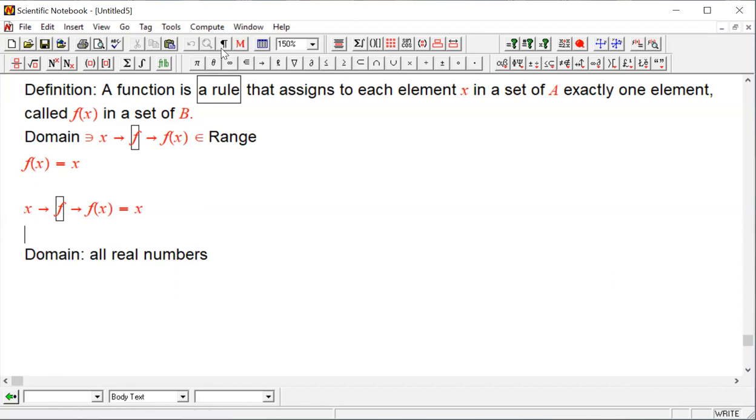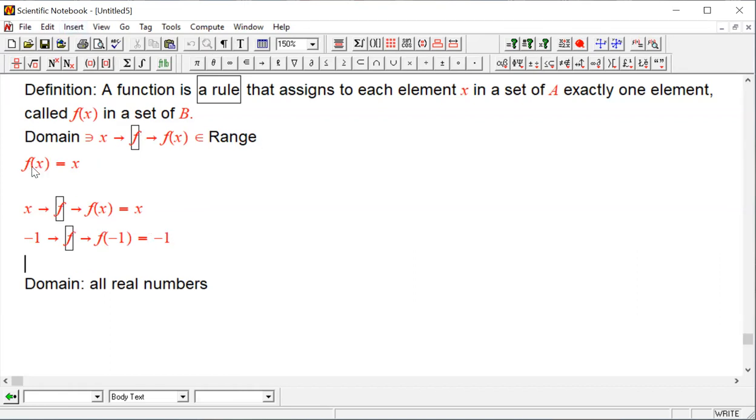If the input is -1, under this rule it will produce an output. It has to be exactly one output. So f of -1 is going to be -1 because that's the rule of this function. We're using the notation f of -1, the input is the same as the output.